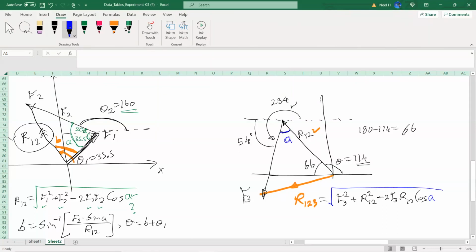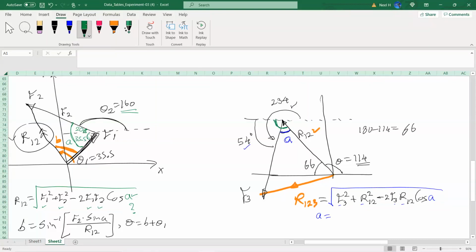Now, what is the angle A? That's important because all of these we know. The only thing which is unknown is angle A. I can find that by using just simple geometry. This whole part is 234, this is 54, this is 114, which means this whole angle right here is 114.